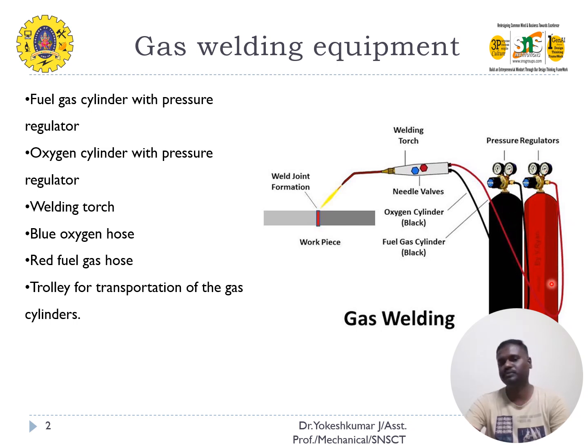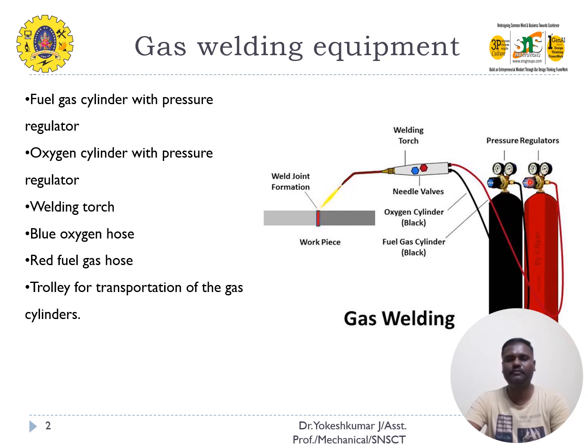And to supply the fuel to the welding torch, we need to have a controlling regulator. This regulator is used to control the flow rate and also regulate the pressure, because the flow rate decides the length of the flame, and the pressure decides the direction of flow.